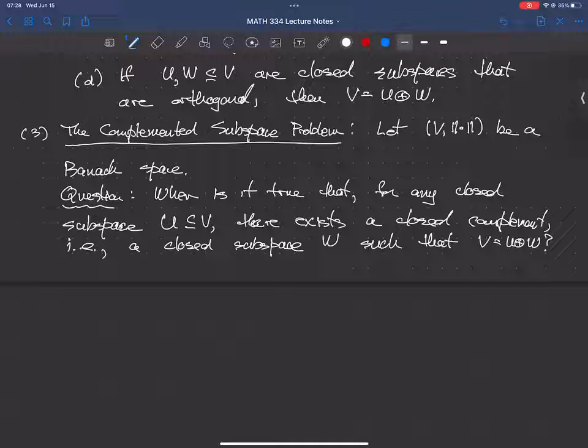Okay. So the question is, what property should a normed vector space have in order to ensure that every closed subspace has a closed complement? Okay, and so the answer, so this was a problem in Banach space theory for a while, and it was solved in the early 70s by Lindenstrauss and Tzafriri. I think it was 72.